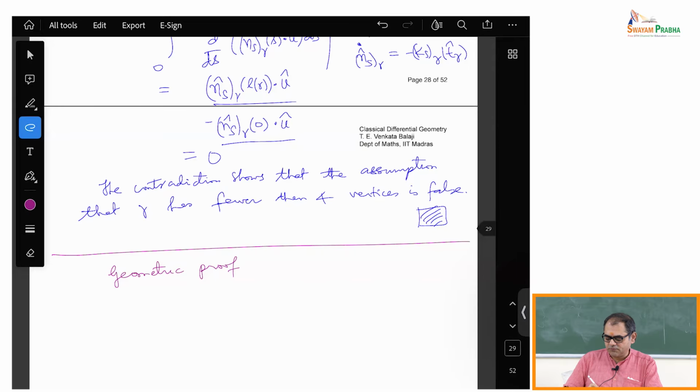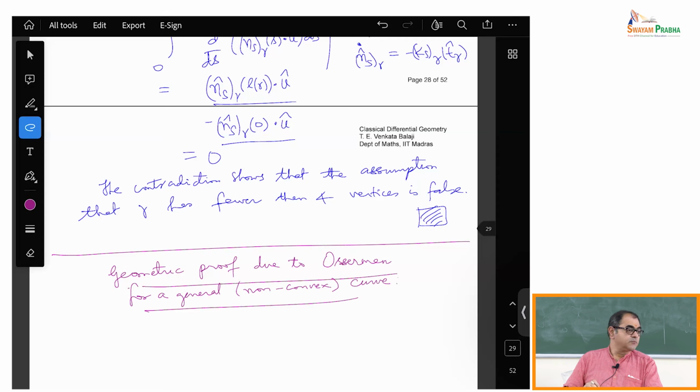The geometric proof due to Osserman for a general, non-convex curve. So that is a geometric proof.